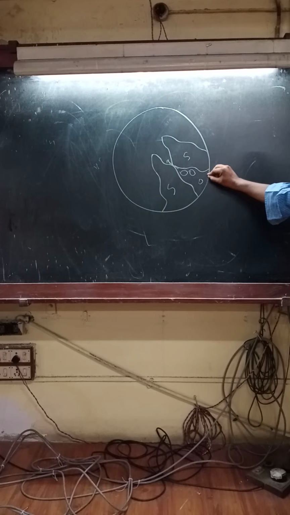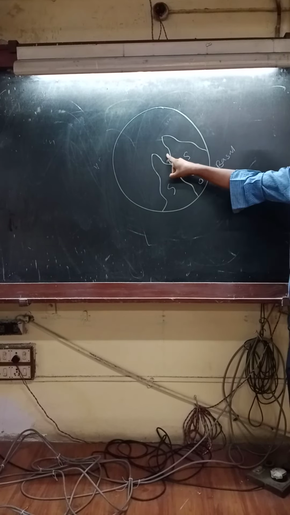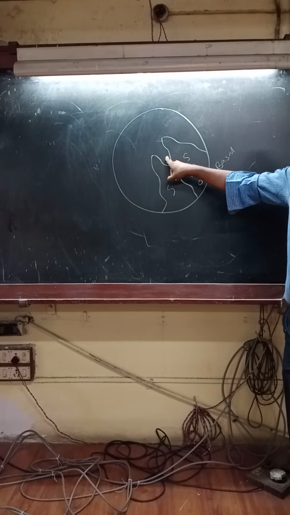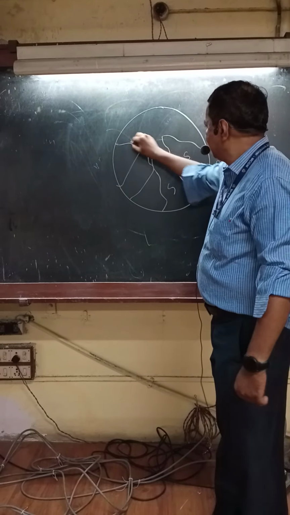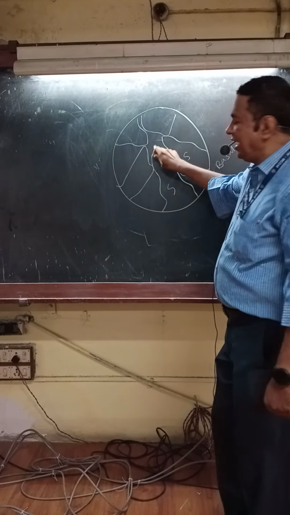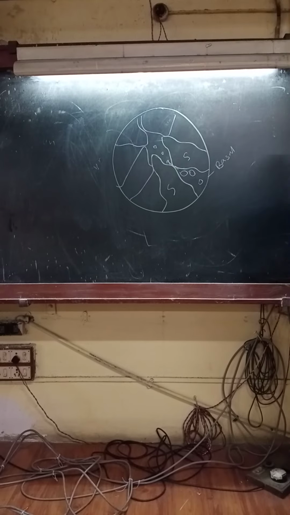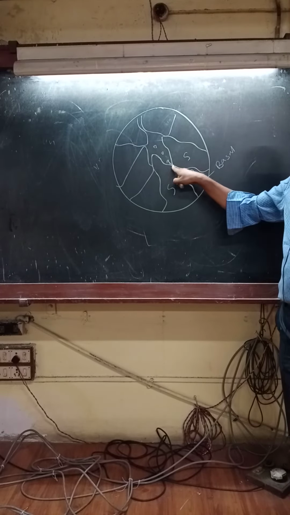This compartment is called the basal compartment, and this is called the adluminal compartment. The lumen is here, and there are Sertoli cells with tight junctions. The cells break the tight junction, go out and underneath.